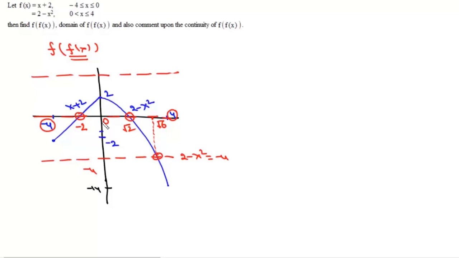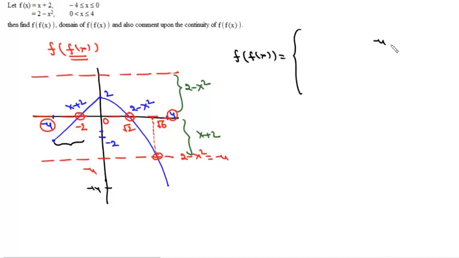Now in between minus 4 and 0, definition is x plus 2. And in between 0 and 4, this definition is 2 minus x square. So now we'll start writing f of f(x). First interval is between minus 4 and minus 2.